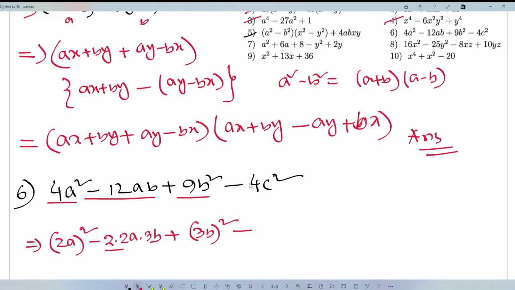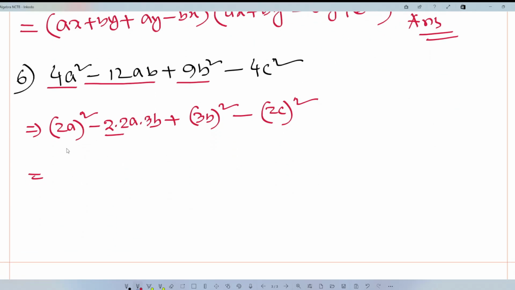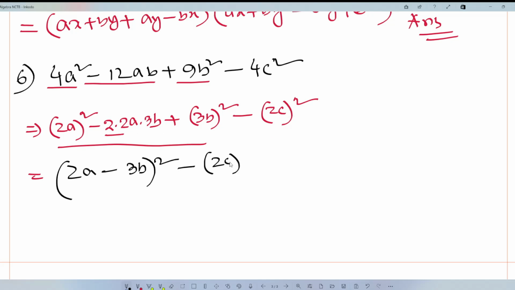And here is minus 4c square, we can write 2c then square. So this one we can write 2a minus 3b whole square, because it's looking a square minus 2ab plus b square, minus this is 2c square. We will leave this one unchanged.